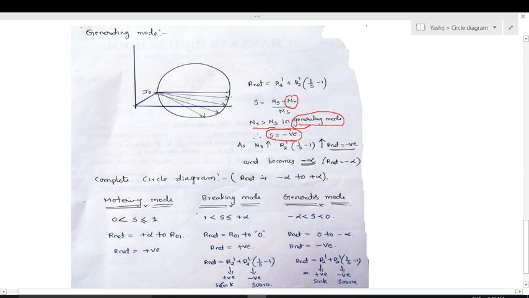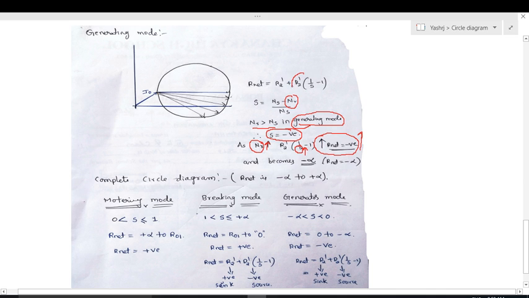As you increase the rotor speed, the slip becomes more negative, and the net resistance also becomes more negative. I already discussed in the previous motoring mode and braking mode how the net resistance changes.